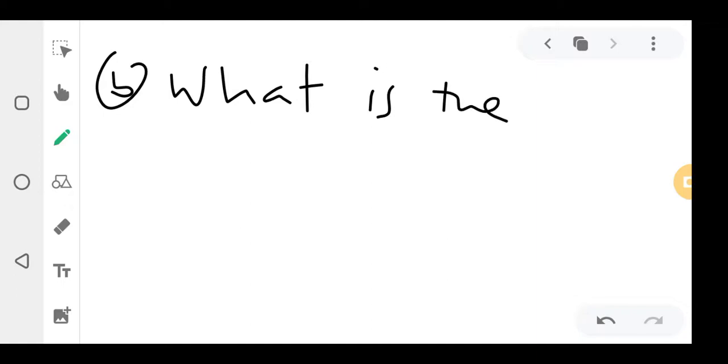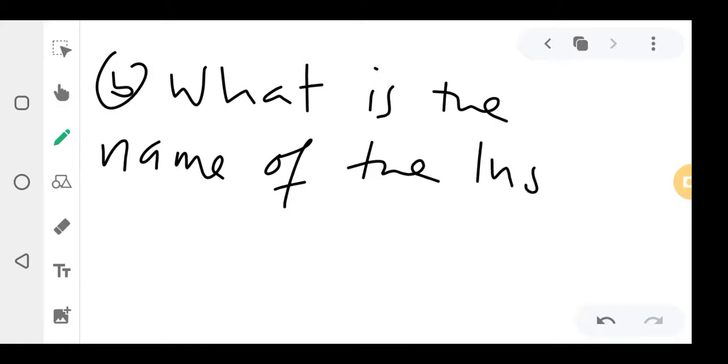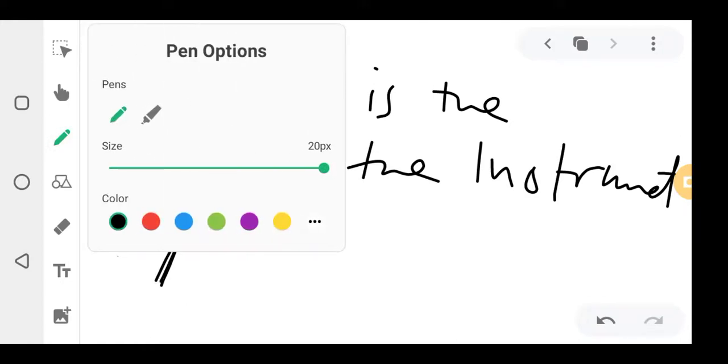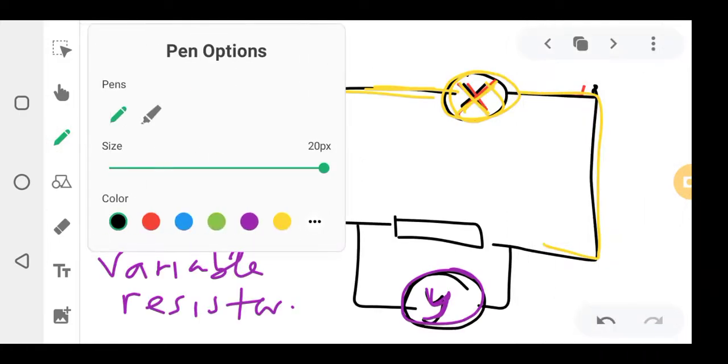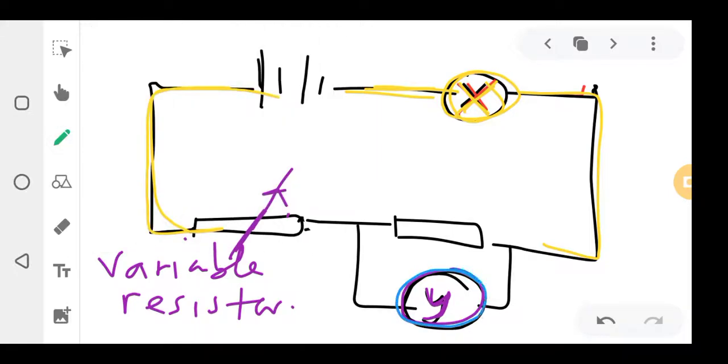Question B. What is the name of the instrument Y? Sorry, not B, the instrument Y. So you go back to your drawing. Y is across this resistor.